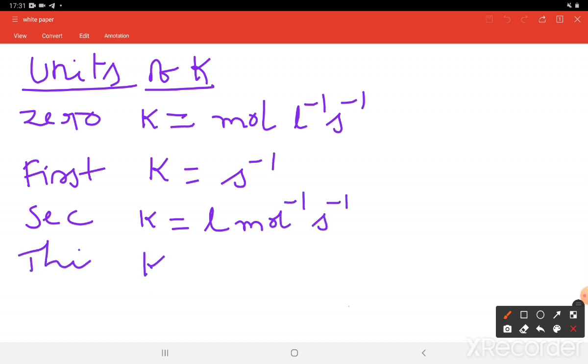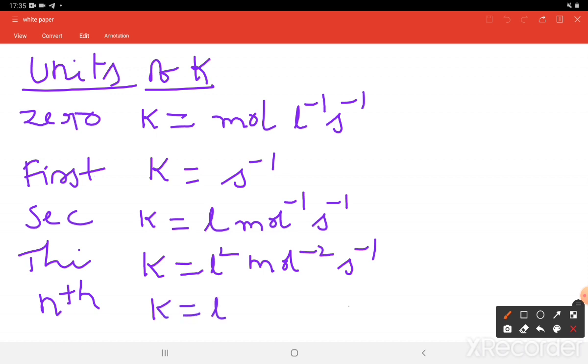For third order reaction, it is liter square mole power minus 2 second inverse. Whereas for nth order reaction, k is in liter power n minus 1 mole power 1 minus n second inverse.